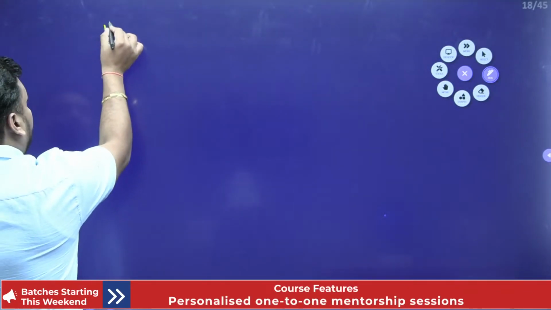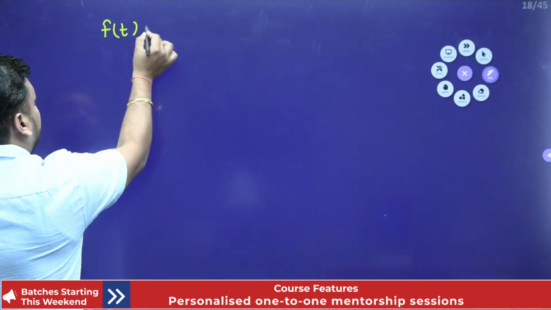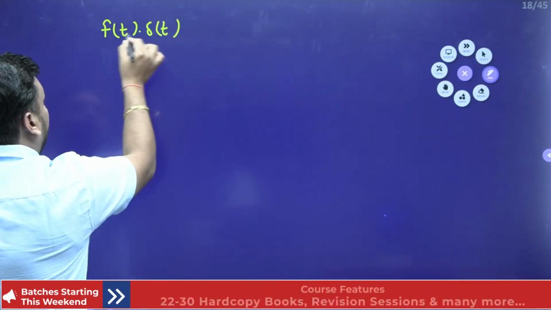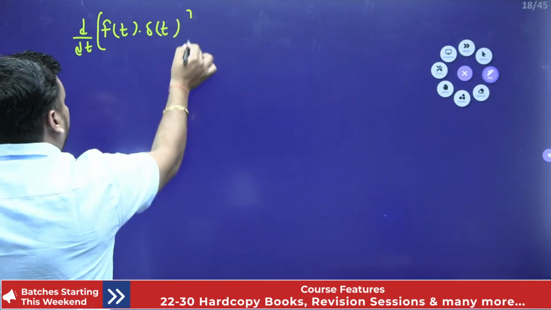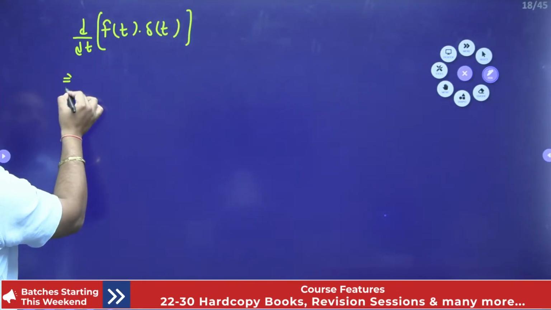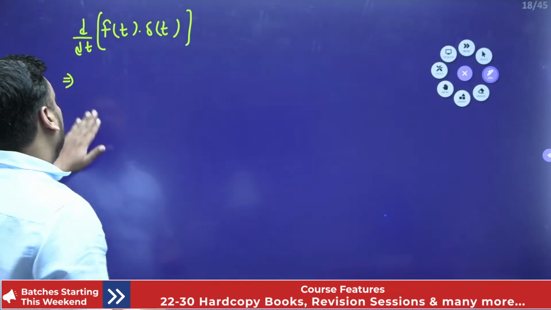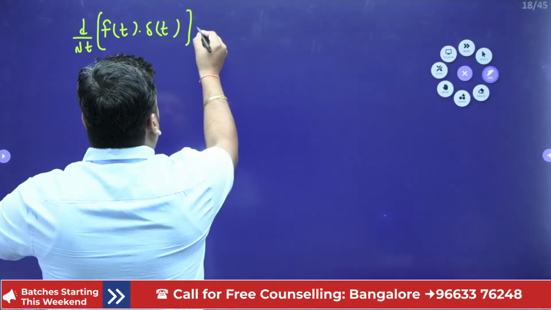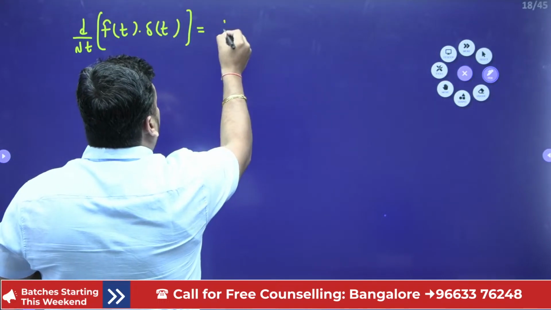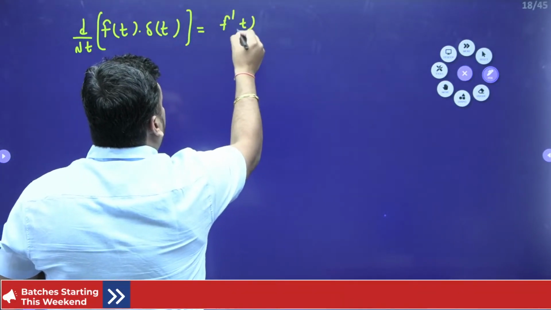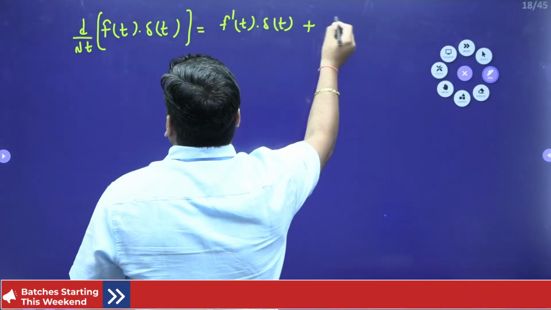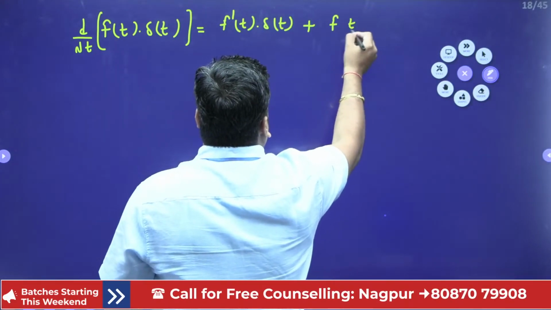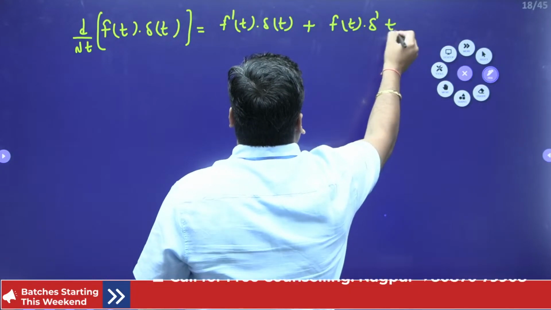I want to derive one property, so I am writing f(t) times del(t), and I want to perform differentiation here. Because both the functions are functions of time, I will write on the right hand side: first differentiating the first function, f dash t and del t as it is, plus f(t) as it is and differentiating del, del dash t.